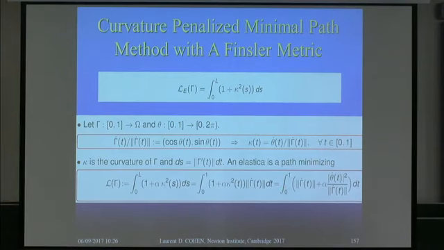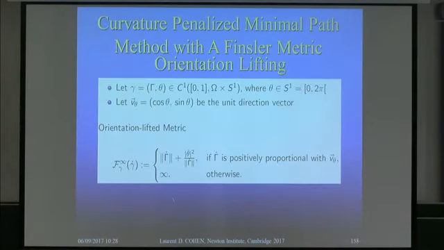So it means we make an orientation lift on the image domain and define the space as being composed of a curve gamma, a 2D curve defined on the 2D domain, plus an orientation function.